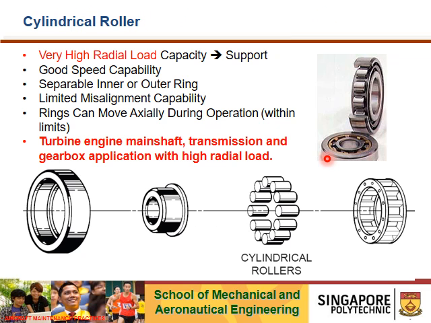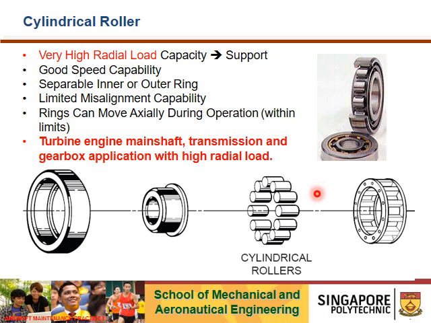Cylindrical roller bearing. As mentioned, it has a capability of taking up high radial loading. It has good speed capability and comes with inner and outer ring. If it comes with a rib design, then some extra loading can be absorbed by this bearing.